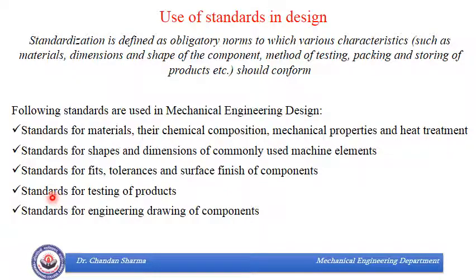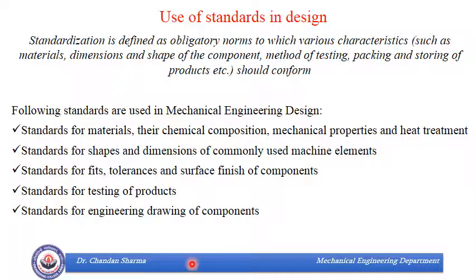Then standards are available for testing of the products. Then standards are also available for engineering drawing of the components. So what we mean to say by this, it is defined as obligatory norms to which various characteristics such as materials, dimensions, shape, method of testing, packing and storing of product should conform.